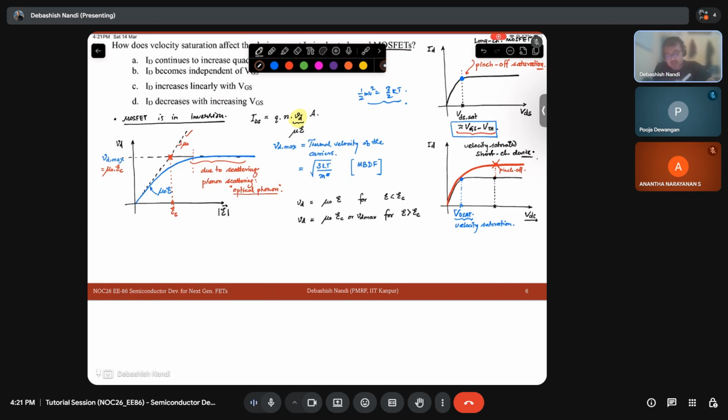So how can I model this? You have already modeled this, right? The lower of two curves, how do we model it?